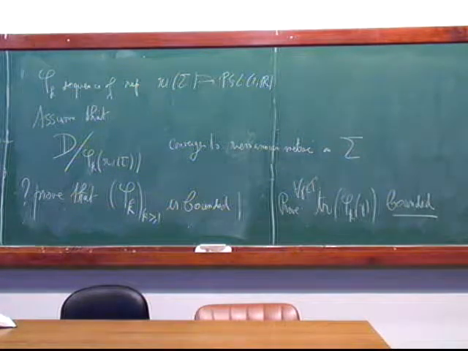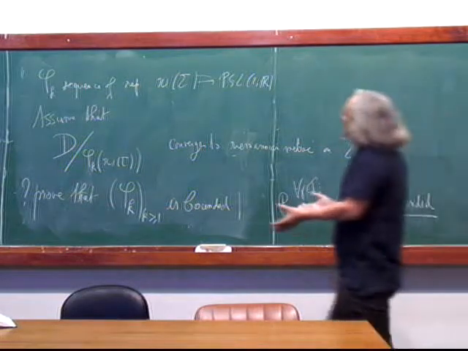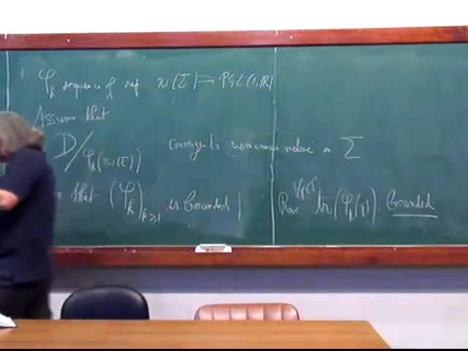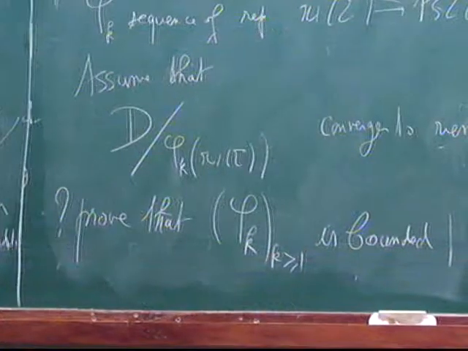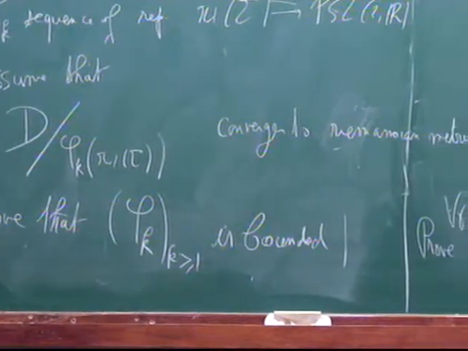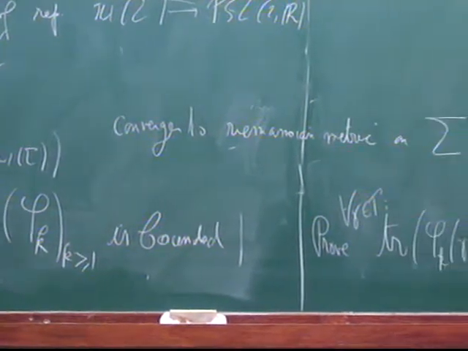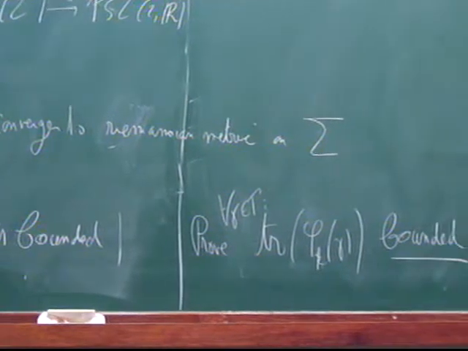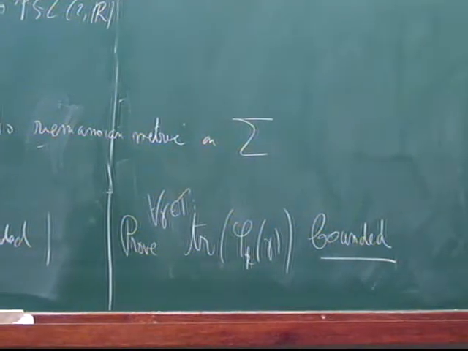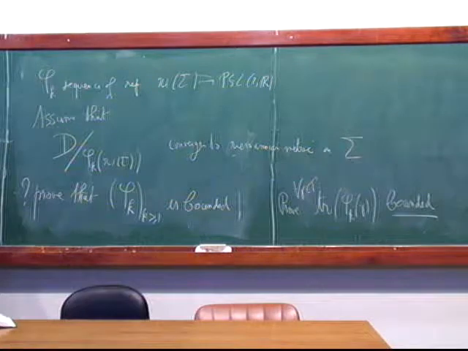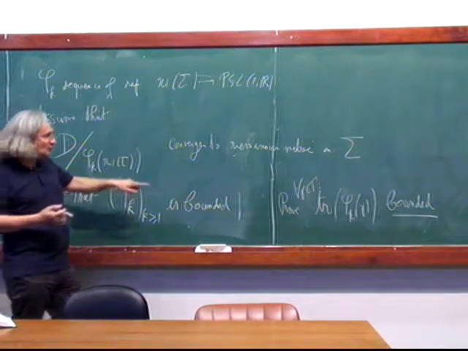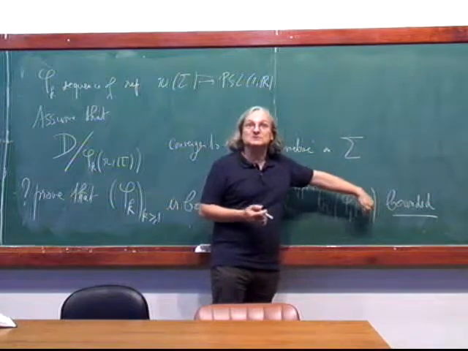So you are given this sequence of representations, which are faithful and discrete. Each one of them gives you a metric on the surface with curvature -1. And you have to show that if this sequence of metrics converges as metrics, this gives you a bound on the representations.